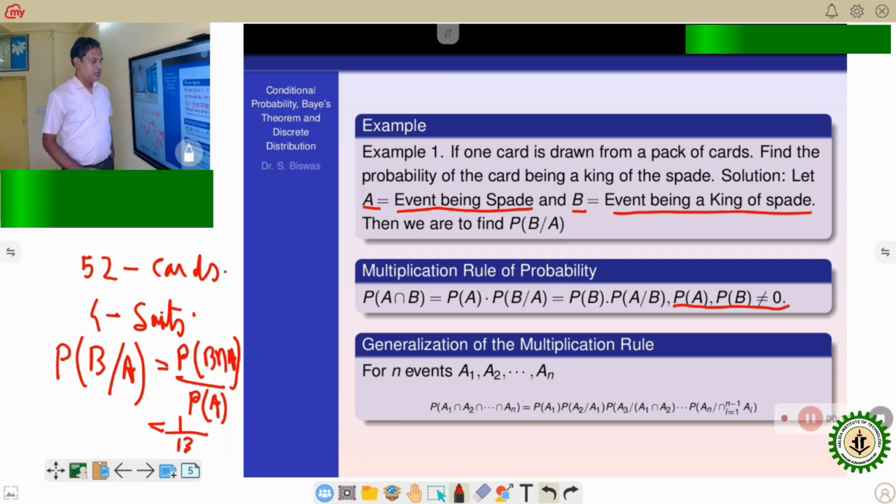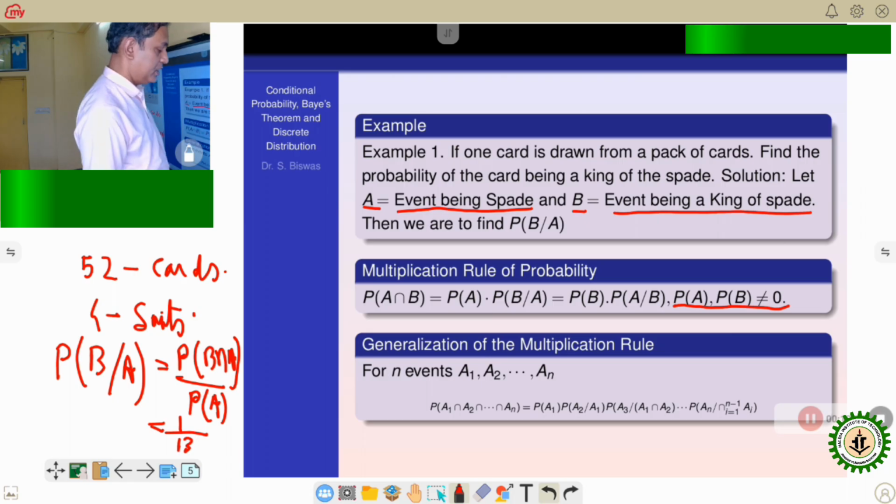Now we come to generalization of multiplication rule. Now what does this say? If you have n events, A1, A2, ..., An, then the multiplication rule can be generalized, and we can write probability of A1 intersection A2 intersection ... An is equal to probability of A1 into probability of A2 by A1 into probability of A3 by A1 intersection A2.